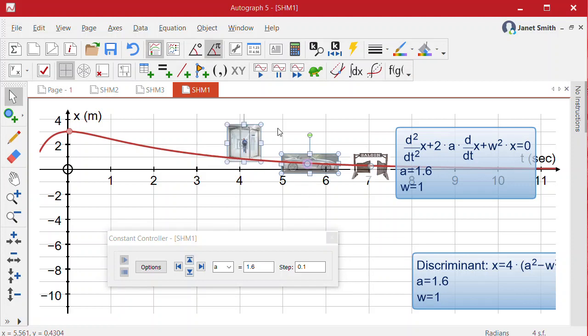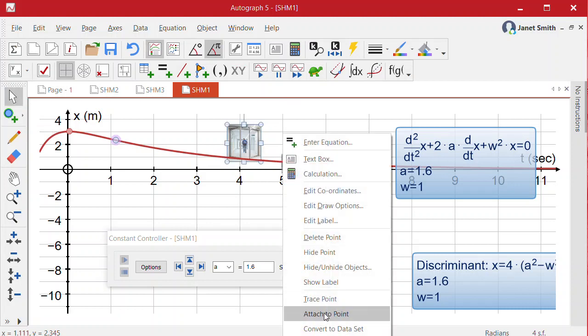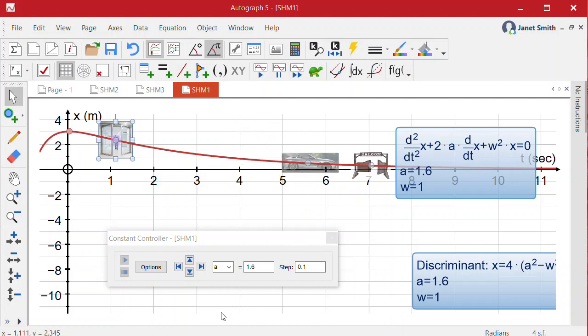This might be the case of some swing doors in an office. When somebody goes through them, we want the door to slowly move back to its equilibrium position. If I attach the image to the point and move that along, there we go. The door is slowly going back to its equilibrium position.